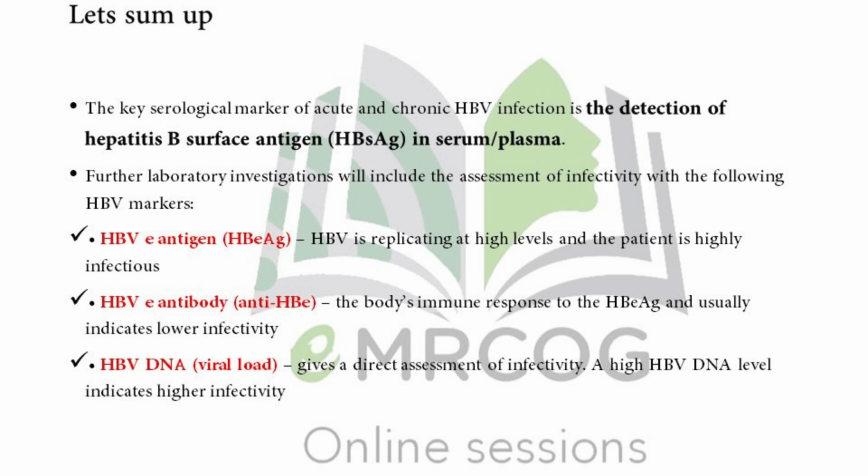If your body developed antibody to the hepatitis E antigen, that means that you are now low infectious or have lower infectivity. Sometimes we do the viral load, the hepatitis DNA itself. And of course, this is a direct assessment of infectivity. If you have a high titer, then you are having higher infectivity.